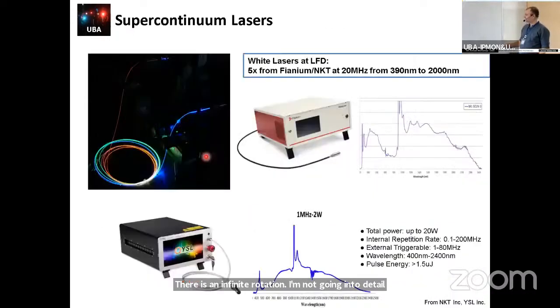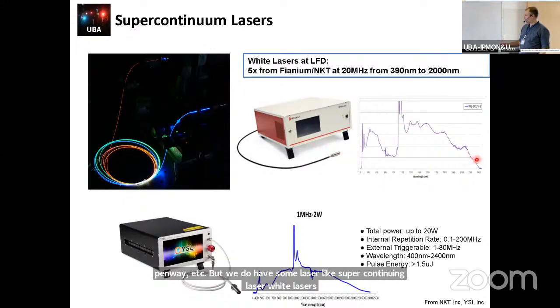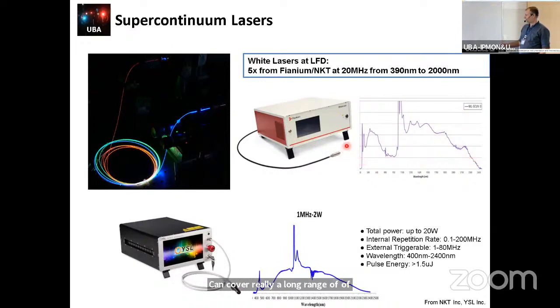attenuators, etc. But we do have some lasers like supercontinuum lasers, white lasers, that can cover a really long range of excitation, from 390, 400 nanometers to a couple of microns.